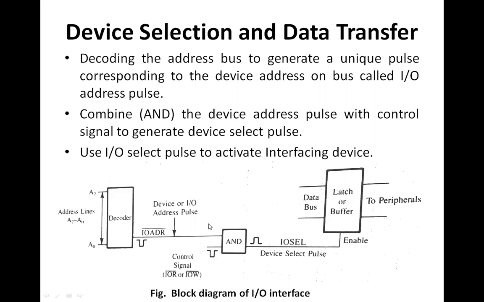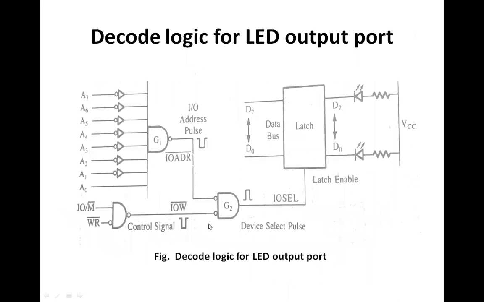Now, the illustrated diagram shows how to decode the logic if we are using an output port, and with that output port, suppose an LED is being connected. This is going to show you the practical decoding circuit for the output device with an address 0 and 1.